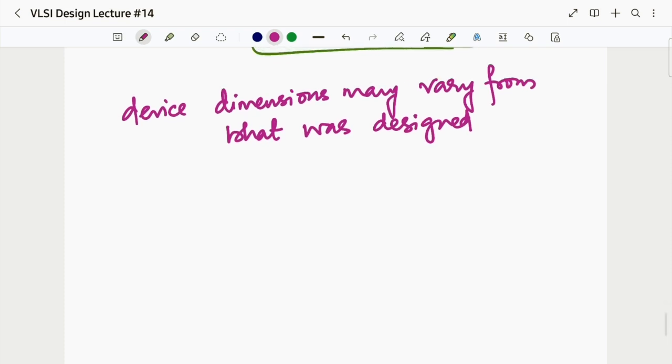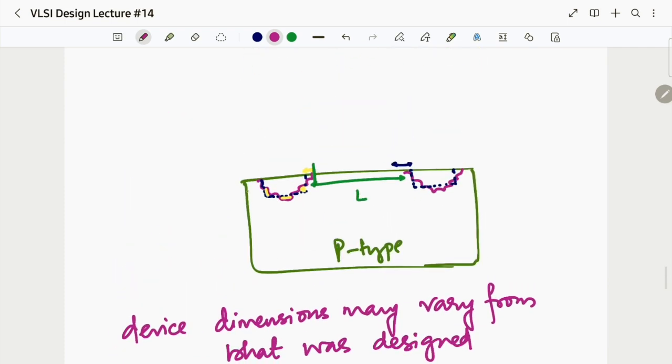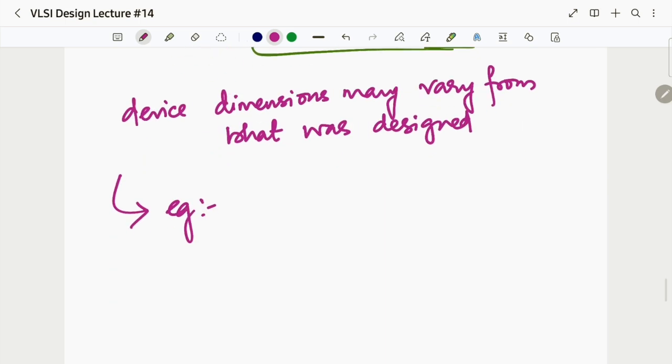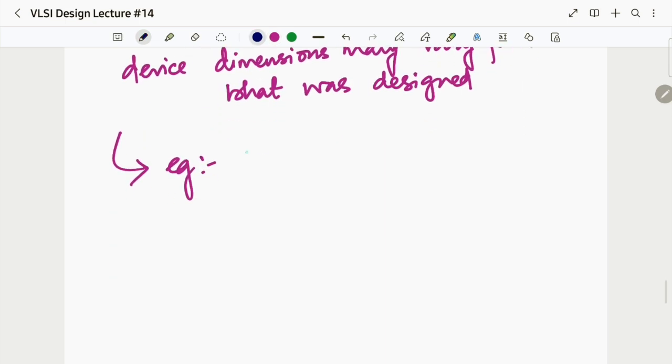Okay, so what is this geometry dependence? First example would be the same thing, the channel dimension that we spoke about. So W drawn and L drawn mean the channel width and length dimensions, the specifications your client will send you.